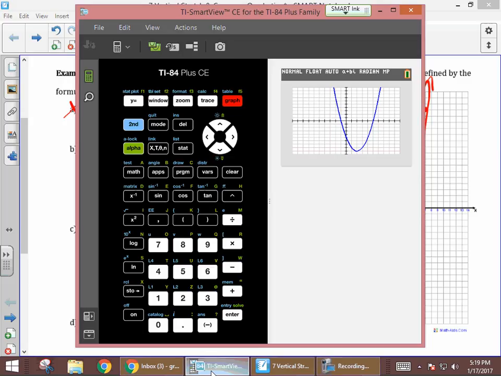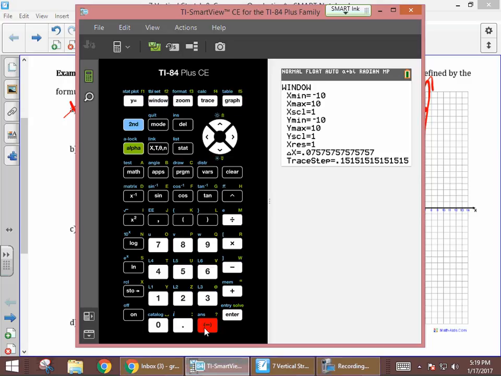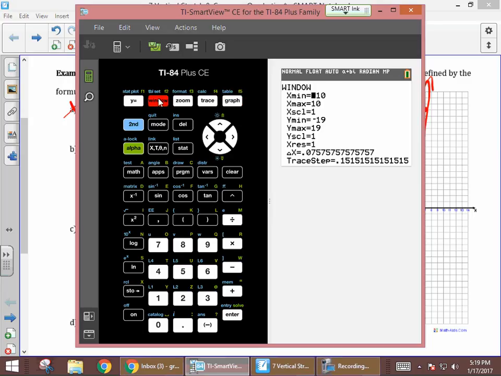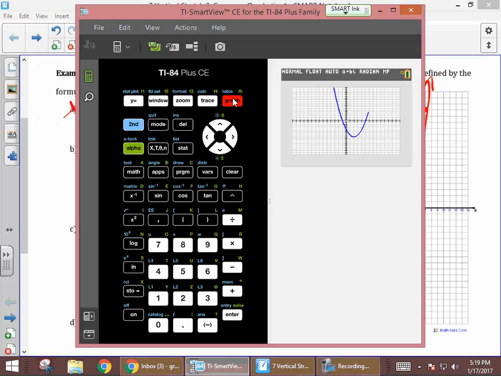So I go to my window. Negative 10 was fine. It's the y values. Negative 19 to 19. You can see that it's going to look pretty close to the graph that we did. Okay, now actually the window, the x's go from negative 14 to 14. There we go. Now you can see it's as skinny as the one that we just drew.